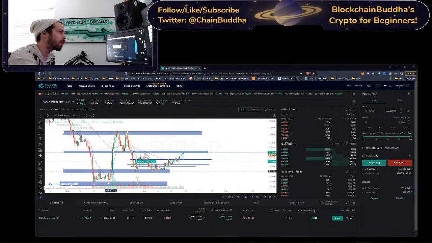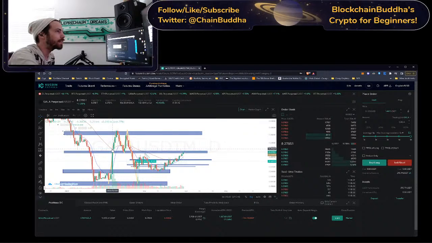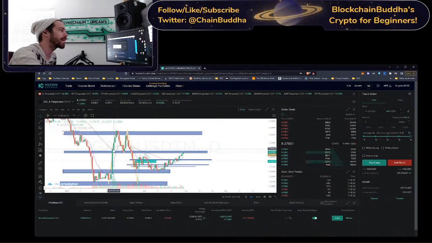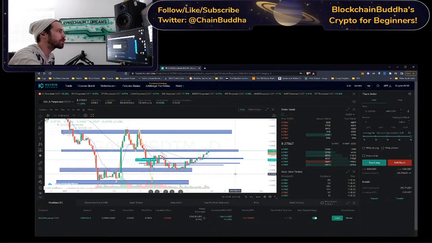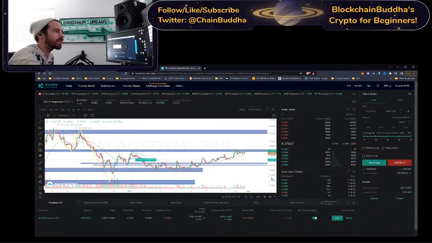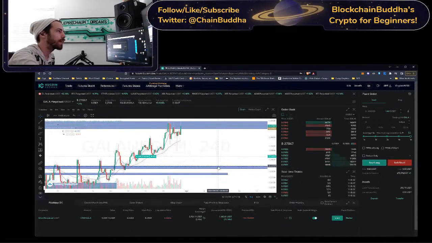Like look at this bar right here. Gala was at 20 cent right here, and at the end of the day they were at 30 cent pretty much. So 29. So literally Gala moved 9-10 cent in that 1 day, right? So this is why the zones for the daily are going to be bigger than once we get down into the lower time frames, right?